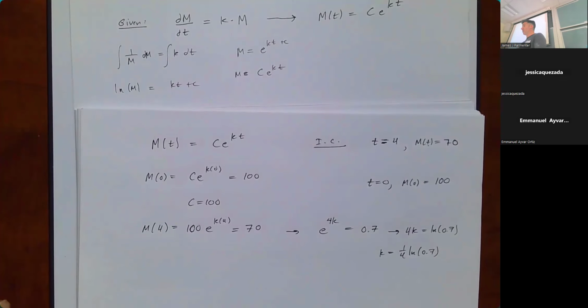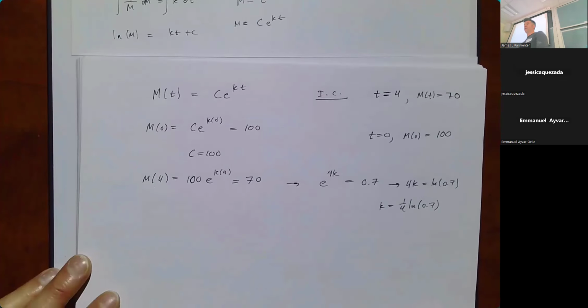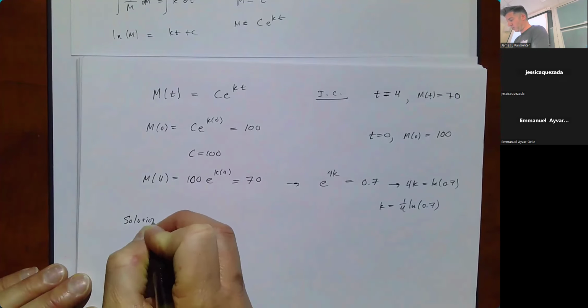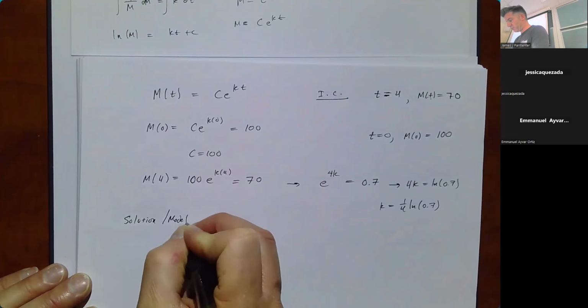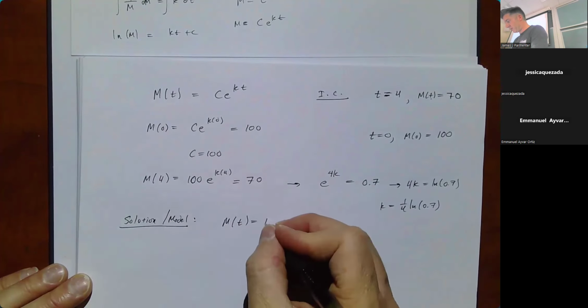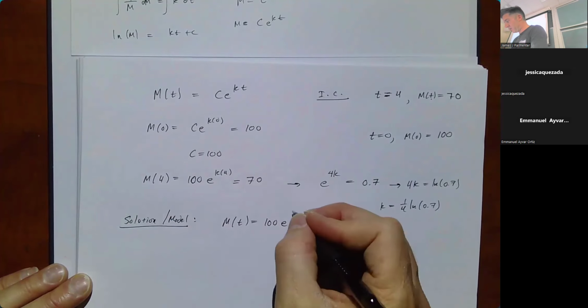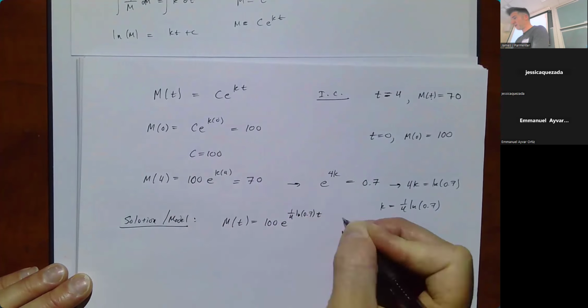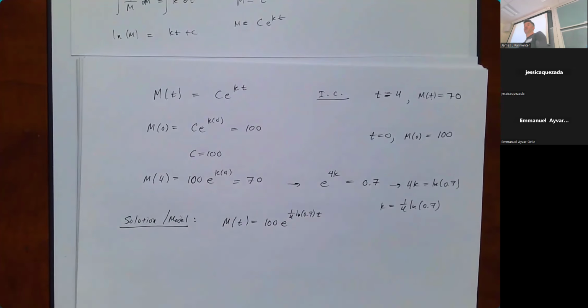So then you've got the model, and I'll say usually, the model, aka the solution, that's often what we're looking for. So the solution, or model, is that M of t is equal to 100 e to the 1/4 natural log of 0.7 times t. I guess I could say percent.